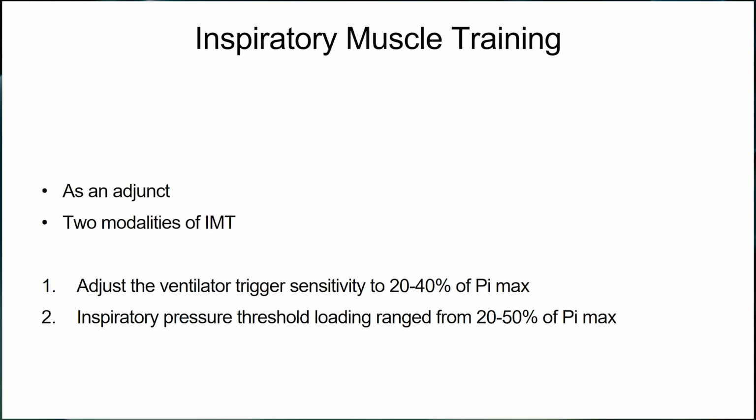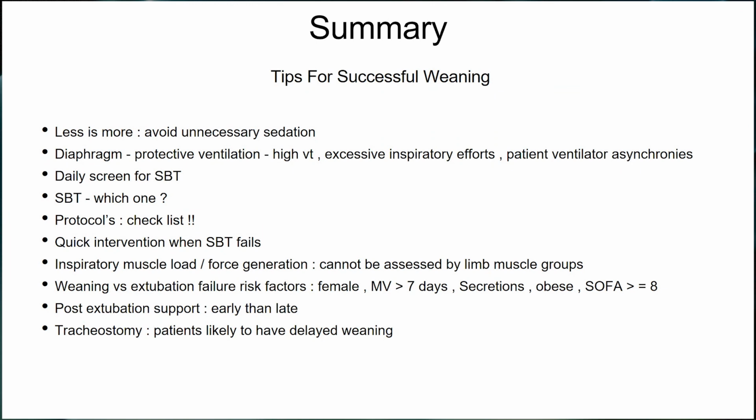The flip side of this is there are a lot of data which suggested that if you don't do it properly, then probably you are going to induce more muscle fatigue. So there is still a concept which is being tried out, something that can be looked upon if your patients don't tolerate weaning.